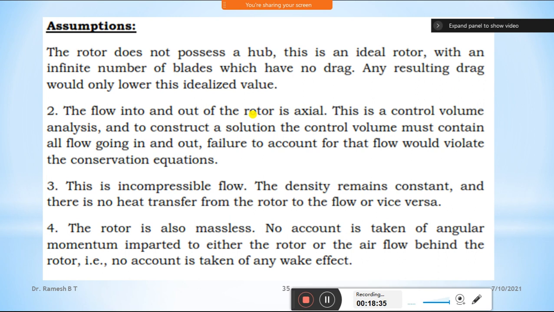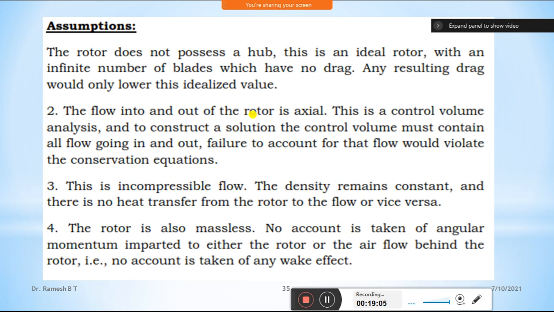The second assumption: the flow into and out of the rotor is axial. He always considers an axial flow, and it is a control volume analysis, and to construct a solution the control volume must contain all flow going in and out, and failure to account for flow would violate the conservation equation. In the next slide I am going to take the energy conservation equation, and through that I am going to derive this equation.